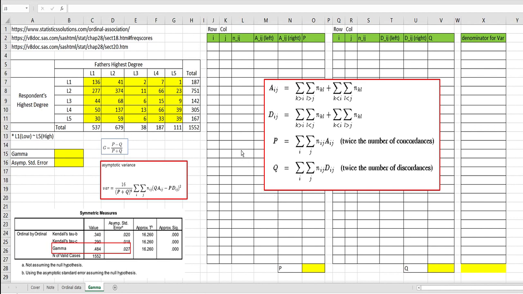In order to get Aij and Dij, let's list all matrix data like this. Right, 5 rows and 5 columns, so it includes all combinations from row and column.